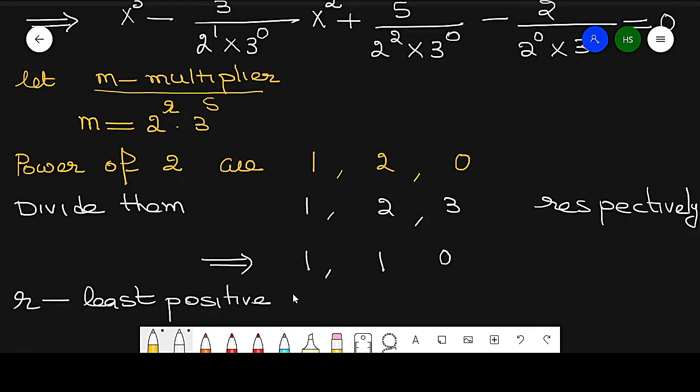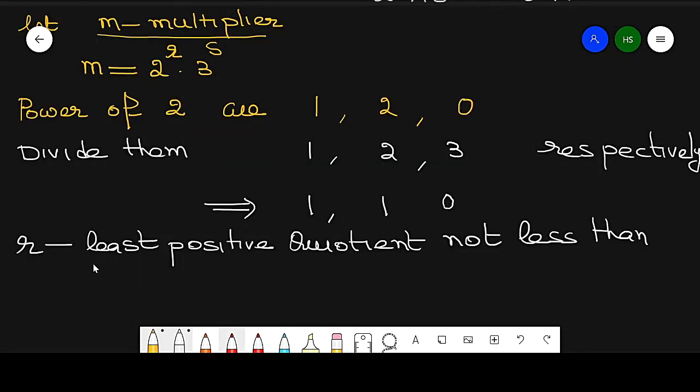Least positive integer not less than any of these quotients.